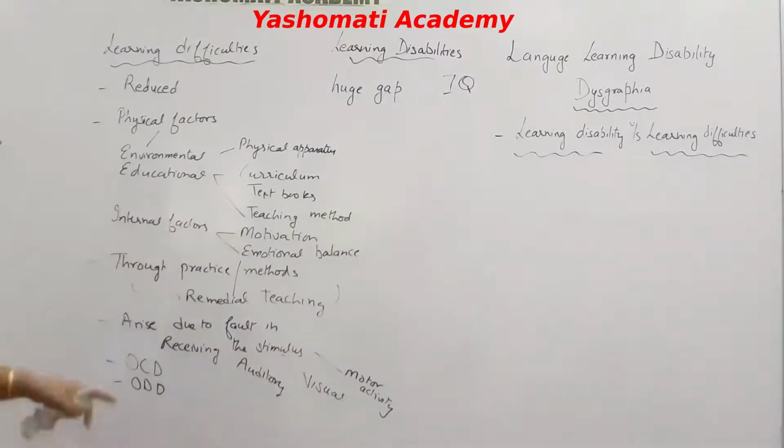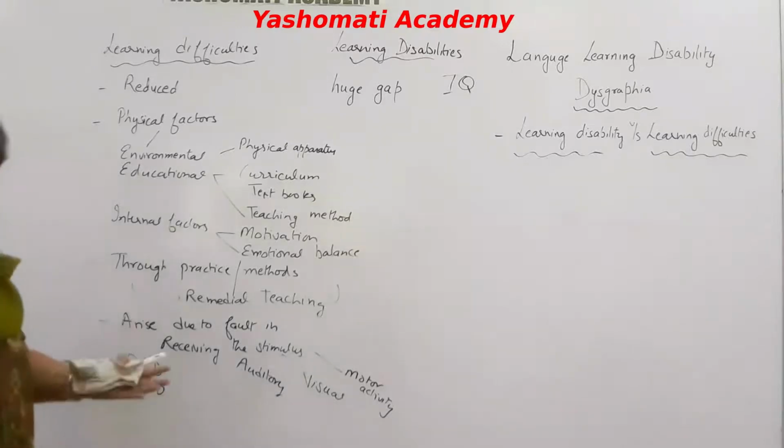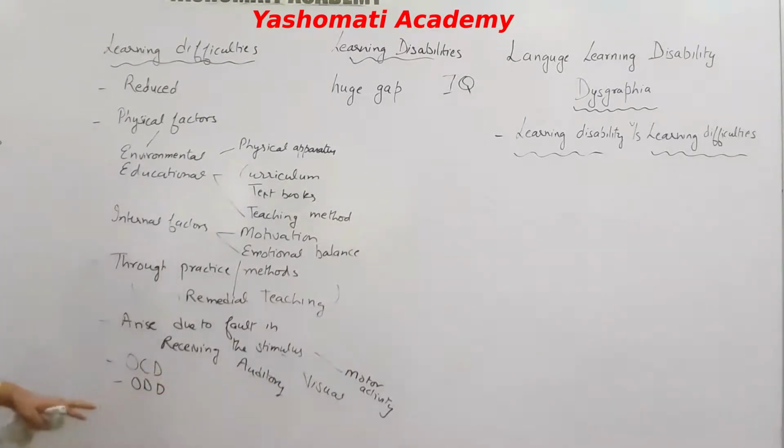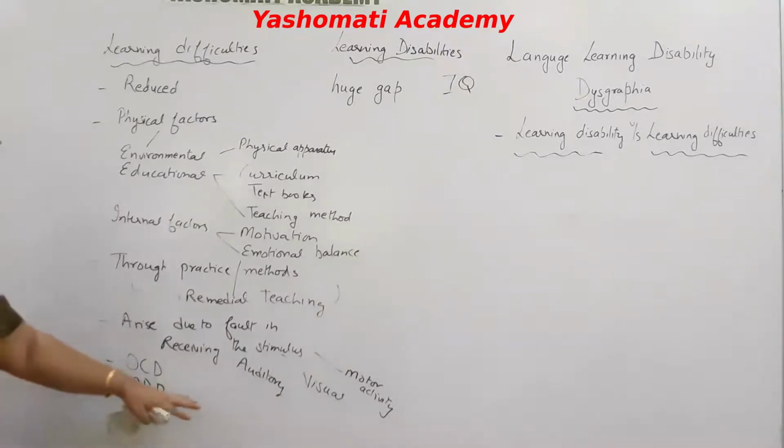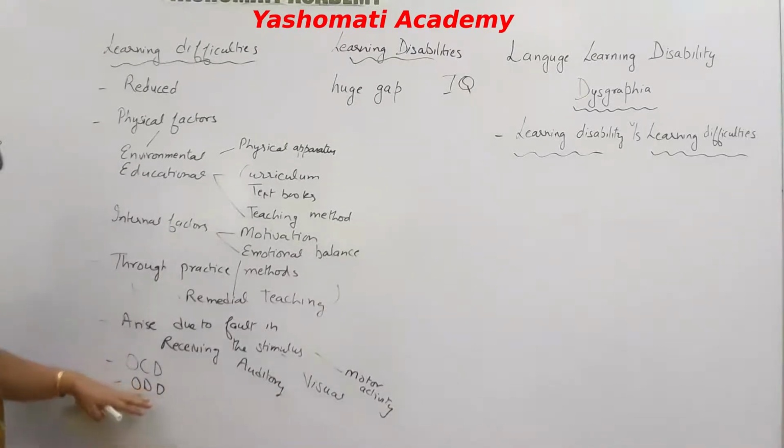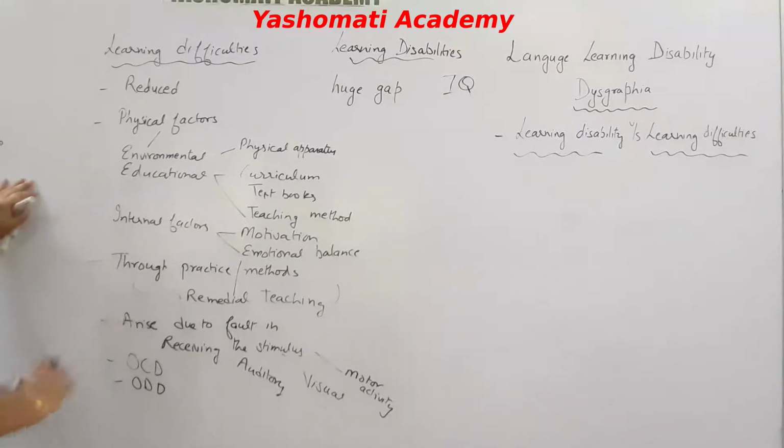So this is a behavioral disorder. The child is opposing whatever you are saying, always saying no to whatever you are telling him to do. That is oppositional defiance disorder. So these disorders are basically learning difficulties.